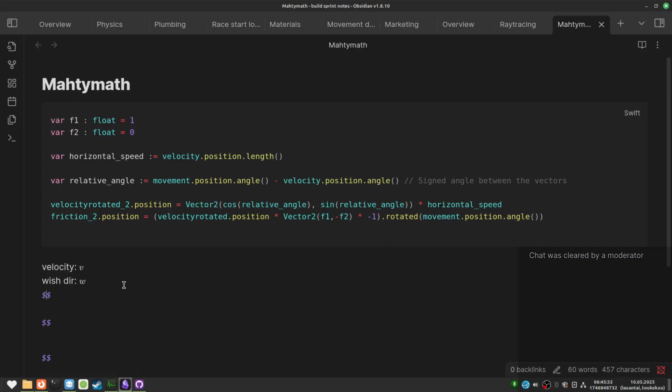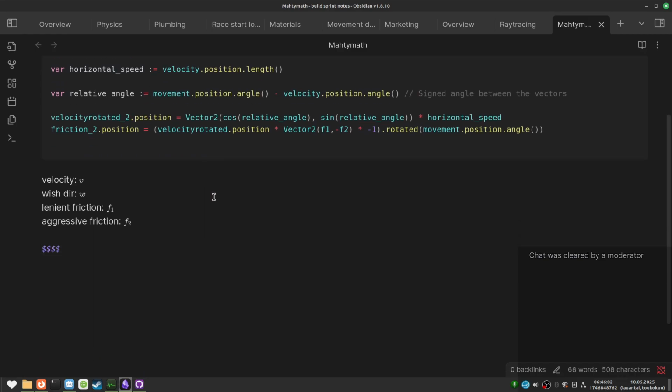Oh wait, these are old inputs? Well, not exactly. So this is what we have. The lenient friction is for the component that's going the same way as movement, and the aggressive is for the one that's going away from it.